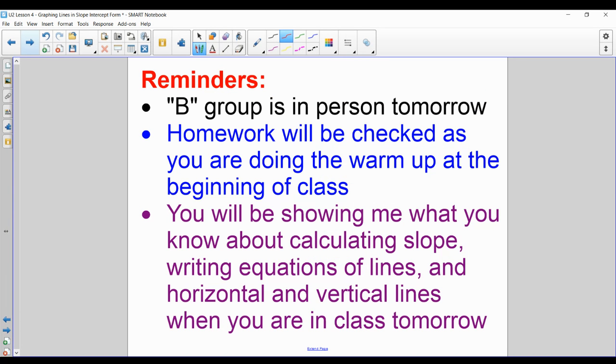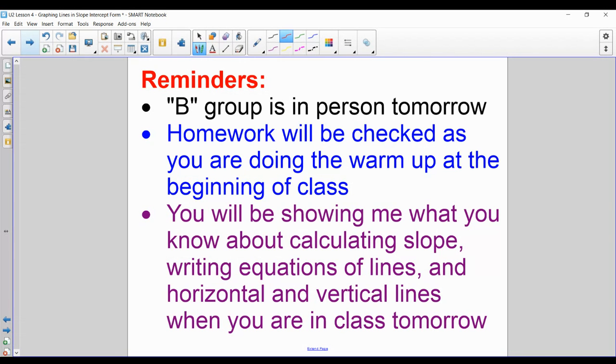Okay, so hopefully those examples helped so you can see if you know what you're doing. A couple of reminders before I finish. Group B will be in person tomorrow. Your homework from tonight will be checked as you're doing the warm-up at the beginning of class, so we need to make sure we've got it done.